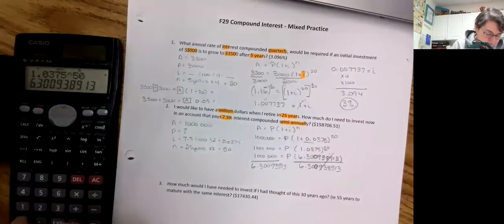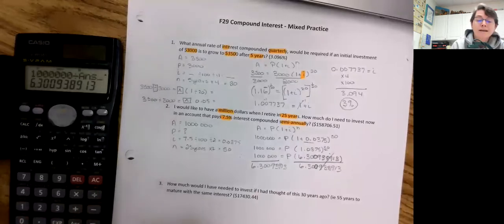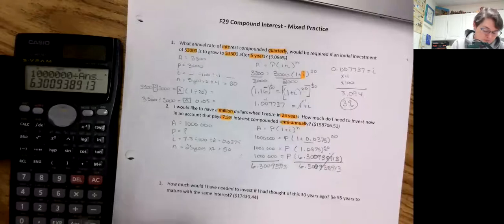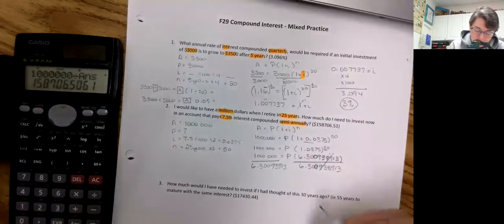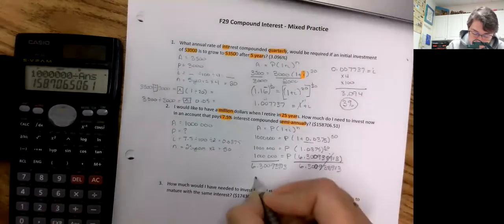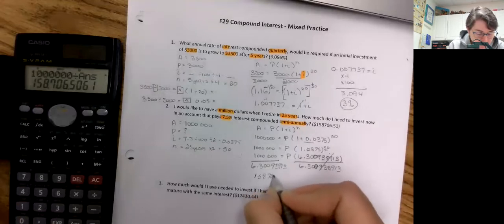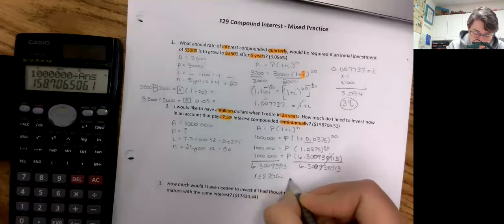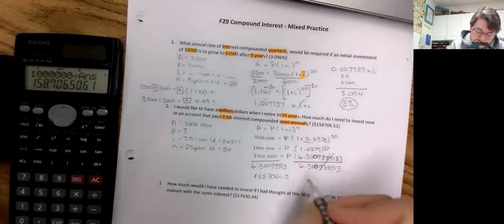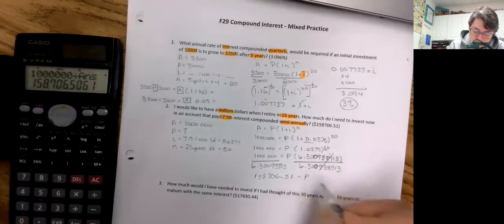So 1,000,000 divided by, ooh, can I use that? I think I have an answer key on my calculator. That should have brought that back up. And it did. So 158,706.5, and I'm going to round that, is equal to P.